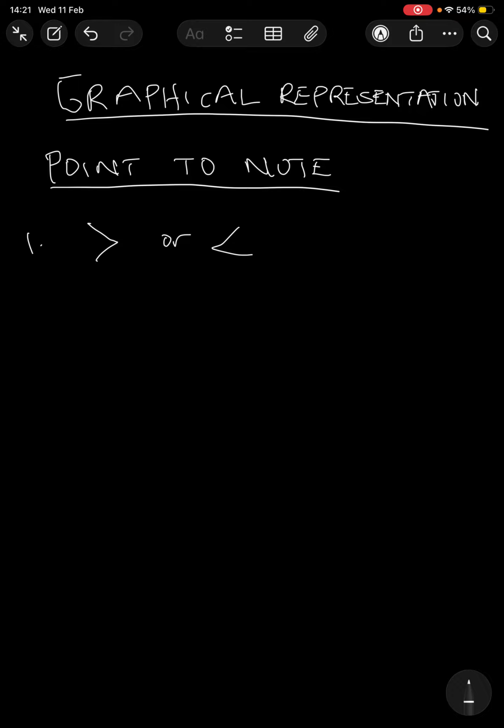In the graphical representation, greater than or less than is represented by a dotted line. Number 2, greater than or equal to, or less than or equal to, is represented by a continuous line.